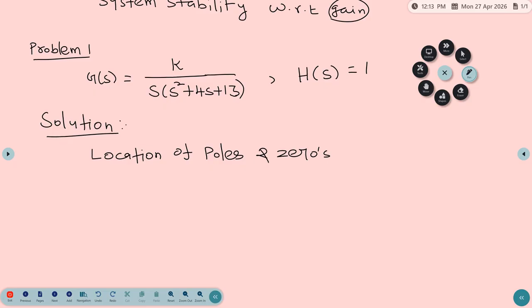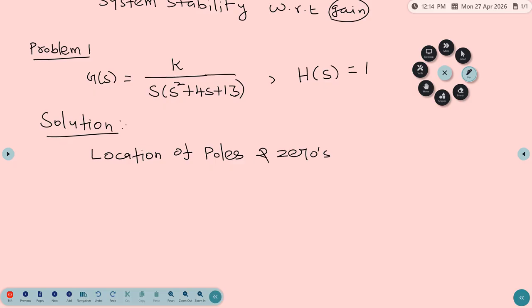So we need to consider the open loop transfer function G(s). From this G(s), first we should identify the poles and the zeros. Already we know what is meant by poles as well as zeros. Zeros means roots of the numerator. So in this G(s) expression, if any s is available in the numerator, then there may be a possibility of getting roots of the numerator, that is called zeros.